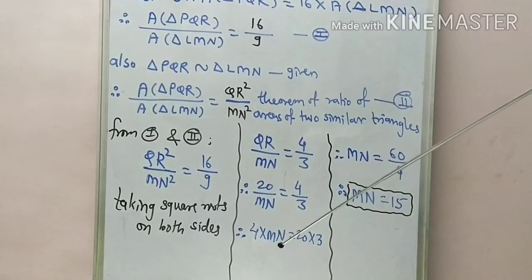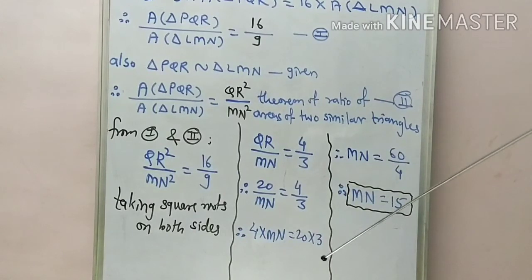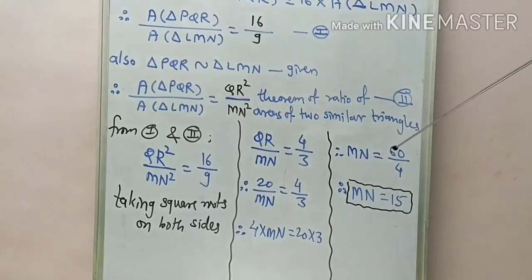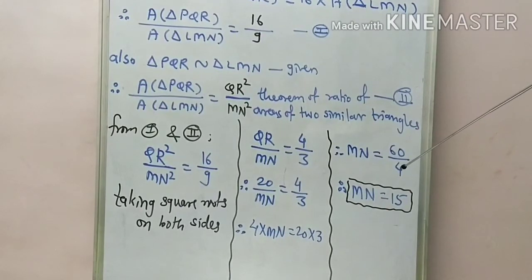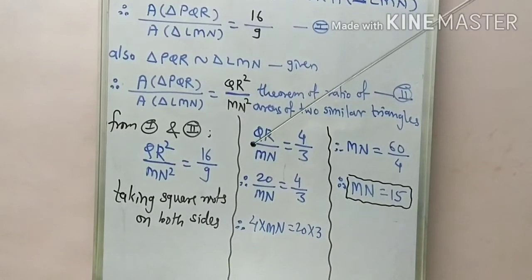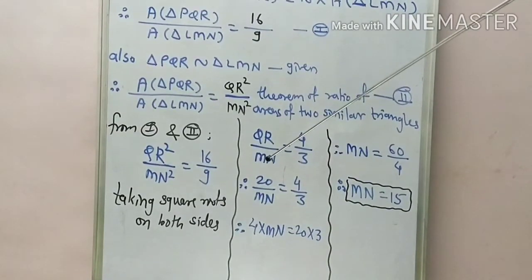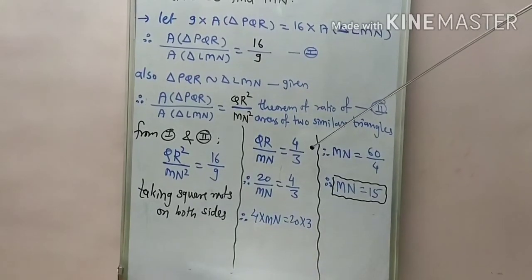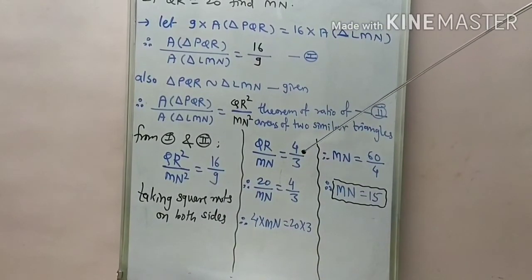So to find MN, we take this 4 to the right side, so the operation changes. MN equals 60 upon 4, and that division gives 15, and hence we get the answer as 15. Okay students, this is an example that can be asked in the exam for 2 or 3 marks.